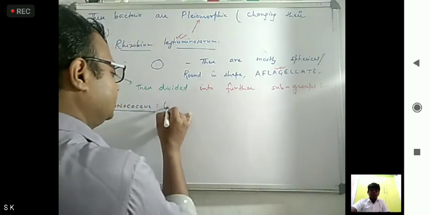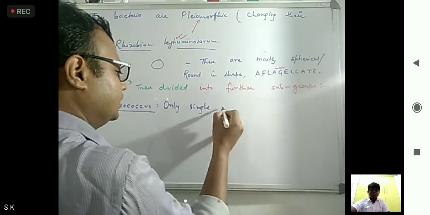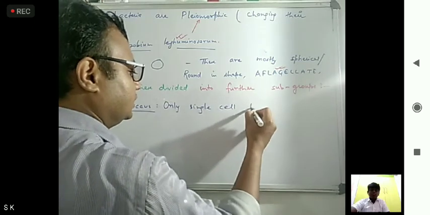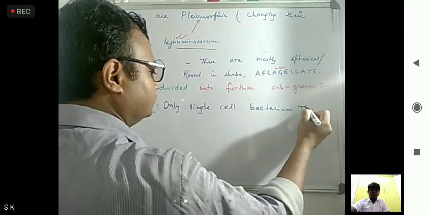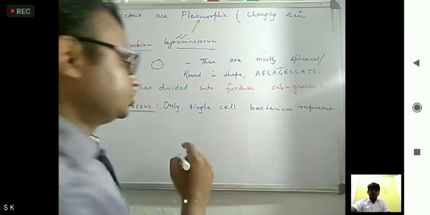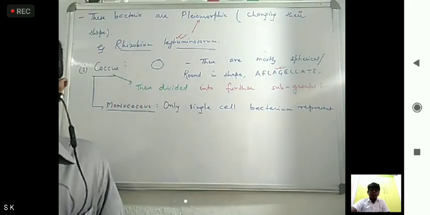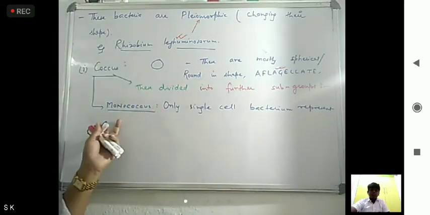So what we can say: only a single cell bacterium represents monococcus.